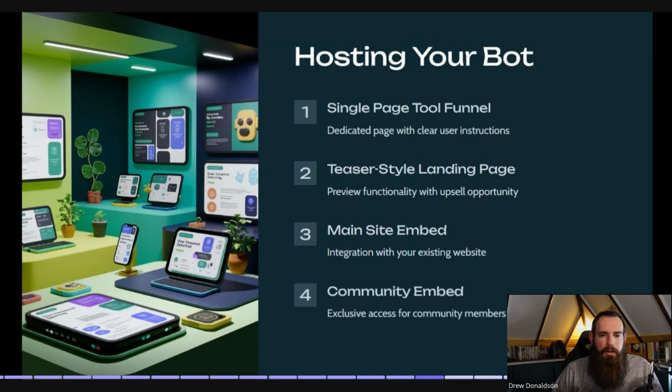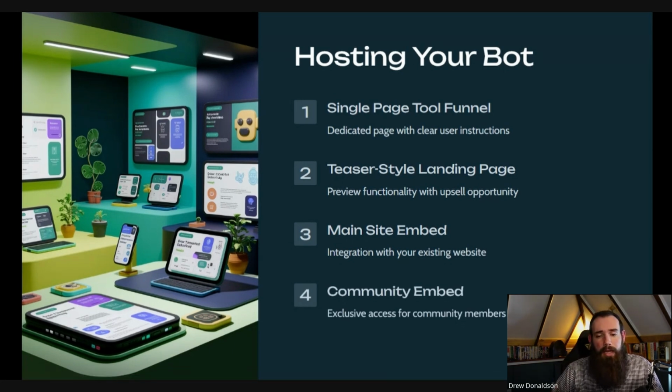The last one I'll mention is because a lot of people are starting to build communities and trying to make that a revenue center for their businesses. These are really great to drive people into free communities and then do upsells afterwards. So if you gate this behind a community sign up, say in something like School or Heartbeat, you can have that as the bait to get people to sign up for your free community because, hey, this tool is inside.